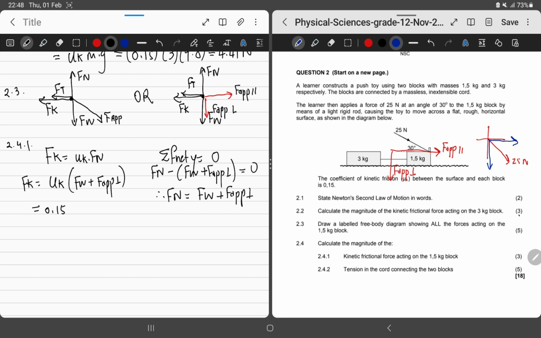This is 0.15 times 1.5 multiplied by 9.8 plus 25.